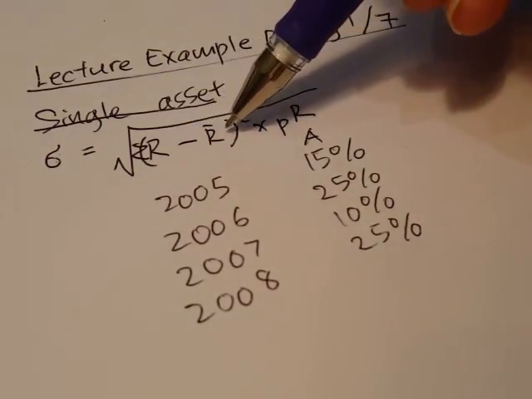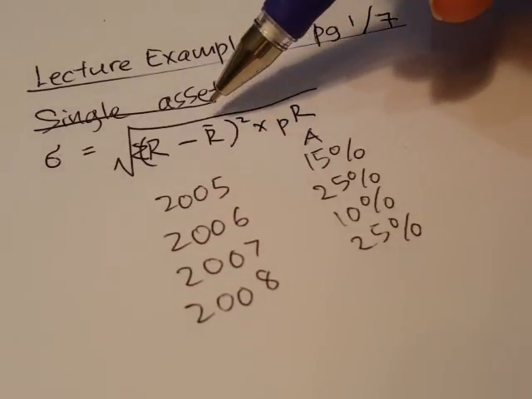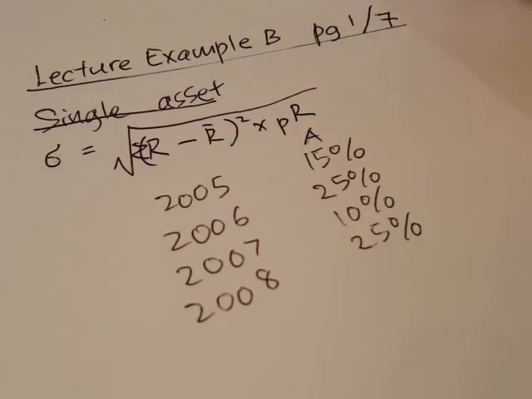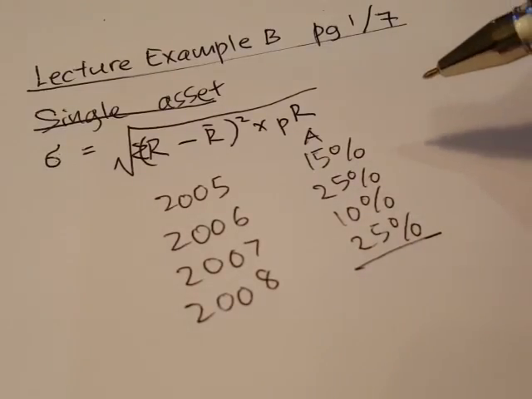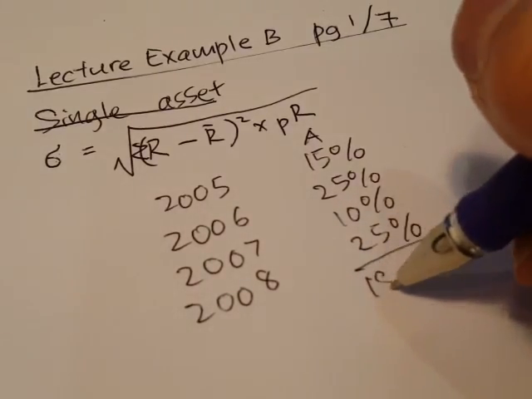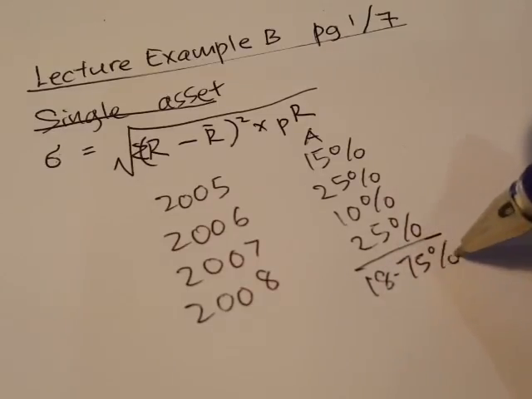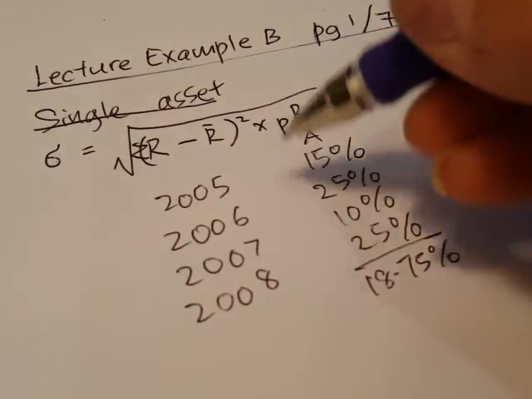Now the next step in the formula is to calculate R bar, which is the average return. To calculate average return, we simply add these together. It will give you 75%. There are 4 years.